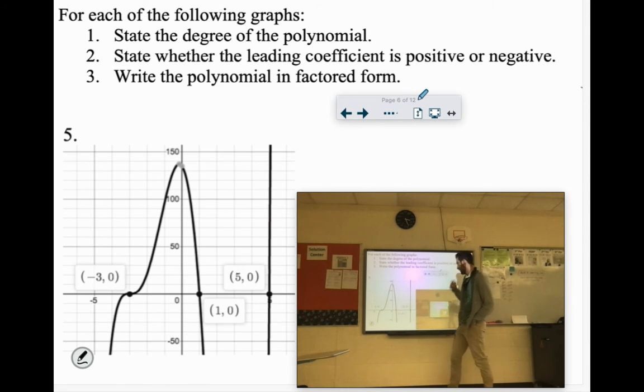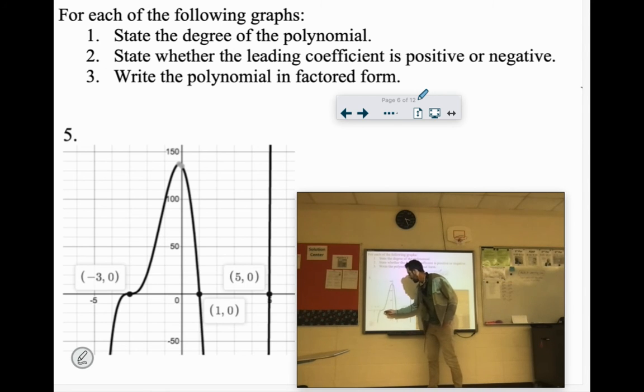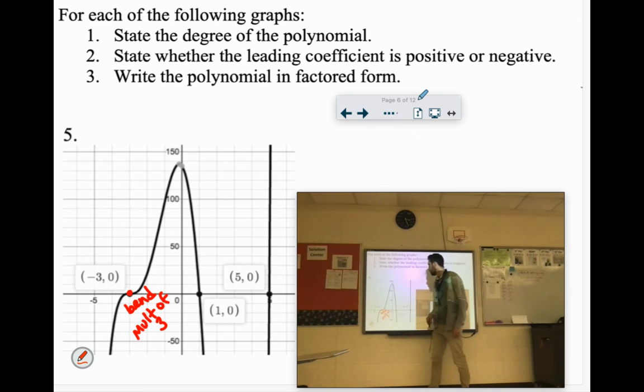Now let's look here. We've got a bend right there. So remember, bend happens when it's an odd degree. So we could say this has a multiplicity of 3. So that would be 3 degrees right there. And then it crosses over here, so that would be a multiplicity of 1.